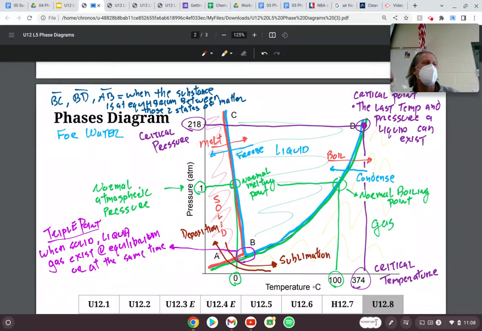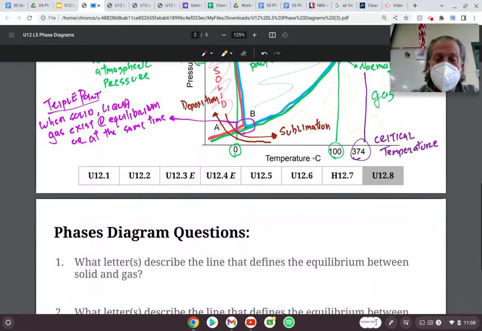But back in the scope of the class, phase diagram questions: what letter or letters describe the line that defines equilibrium between solid and gas? I would write for that, from solid to gas, the line AB. Okay, that's where you would talk about sublimation.